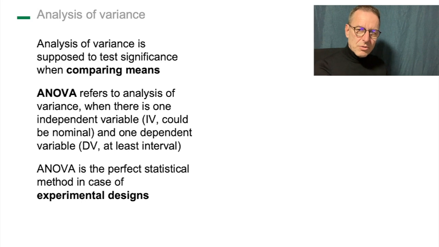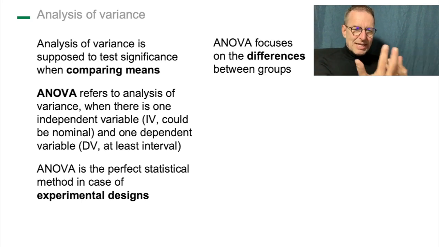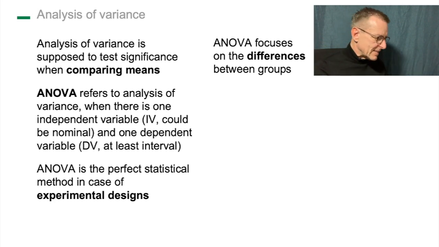So what you do in the end, you compare the differences between these different groups. And you basically compare the means of the dependent variable across these different groups. Now let's say you have depressive patients, people who are depressive, and you want to compare different therapeutic methods.